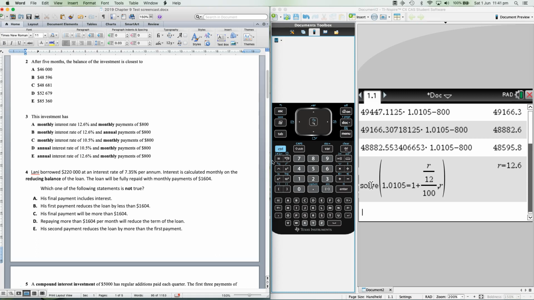So if we start at the beginning, A: his final payment includes interest. Yes, that will be true for an amortized loan. So A is true. B, his first payment reduces the loan by less than $1,604.